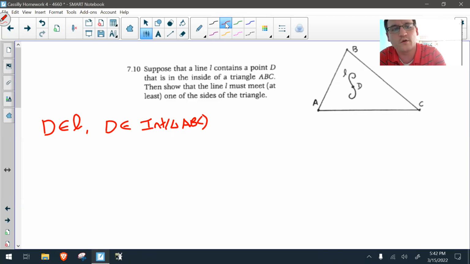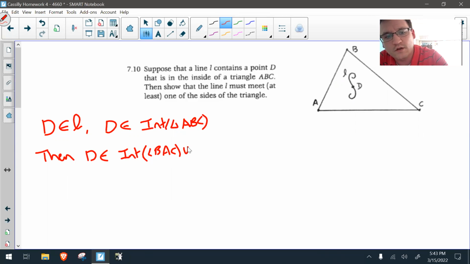So I'm just going to go ahead and write that down. We know then D is going to be on the interior of angle BAC, union the interior of angle ABC, union the interior of, the last one, angle BCA.